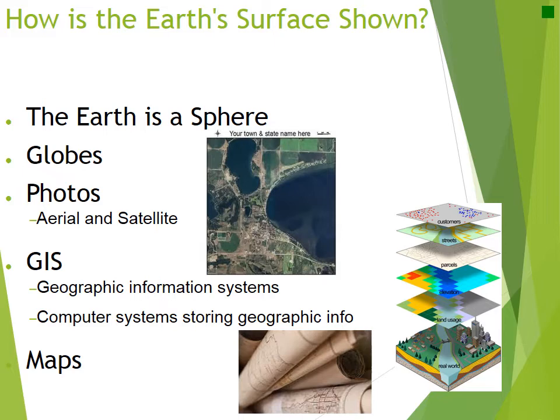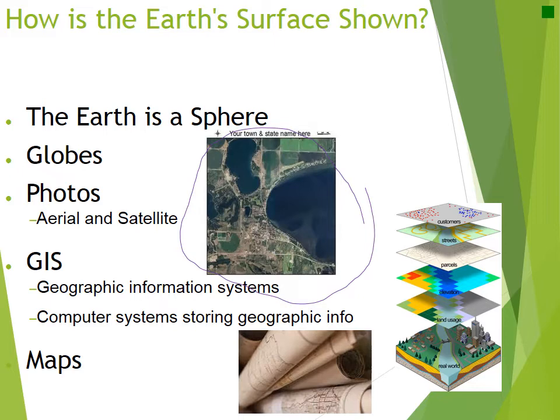Okay, well, some other ways are through photos, and I've included an aerial photo so that you can kind of see what it is. This is an aerial photo here of my hometown of Battle Lake, and an aerial photo is just a photo that was taken from an airplane. Okay, we also have satellites up in space that are constantly taking photos of the Earth.